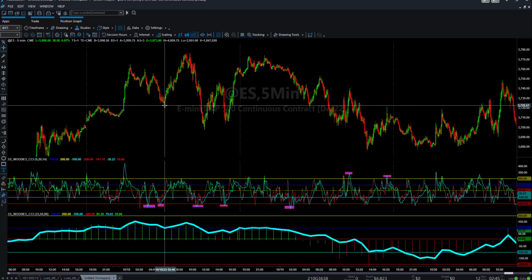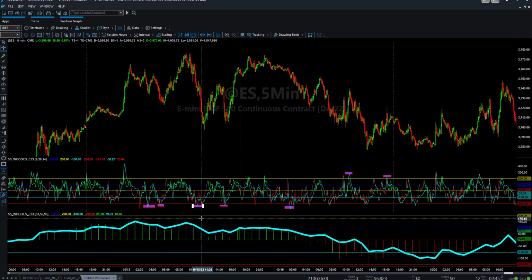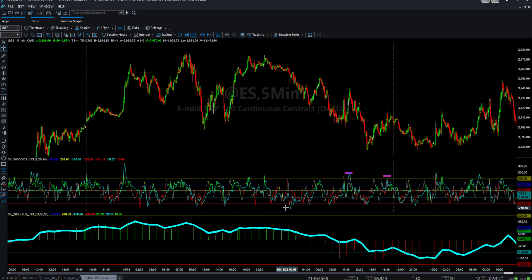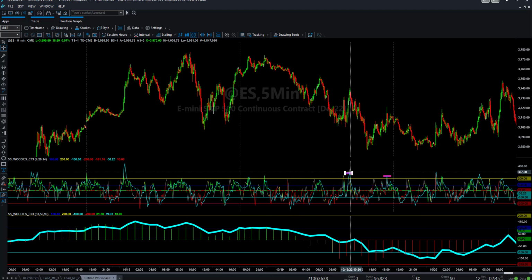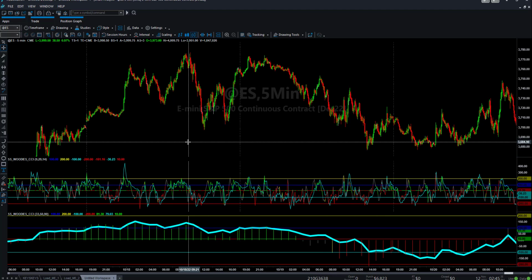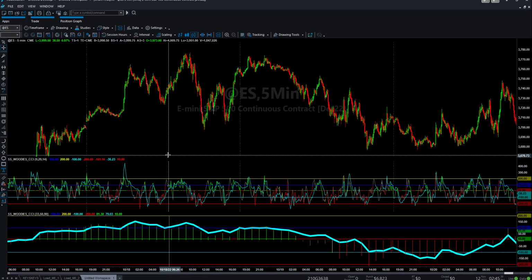So there can be positive divergence, there could be a negative divergence. So let me remove it. Now these divergence trades will not happen on a daily basis. And I think if you're trading options or ES future options or something else, this is a really good way of doing it.